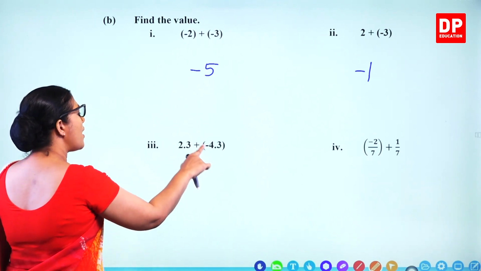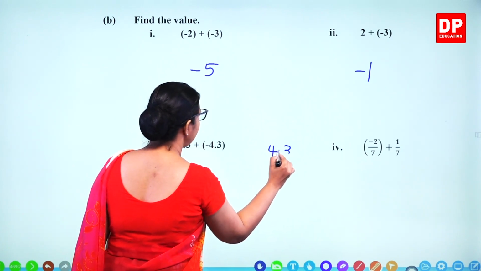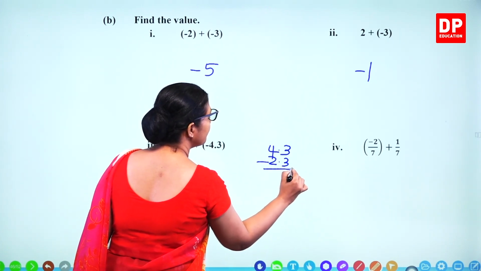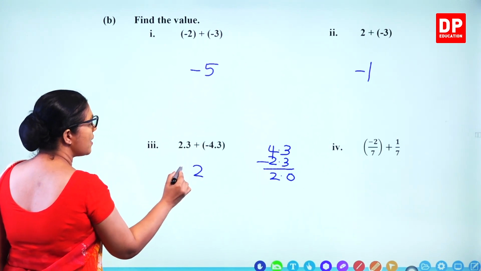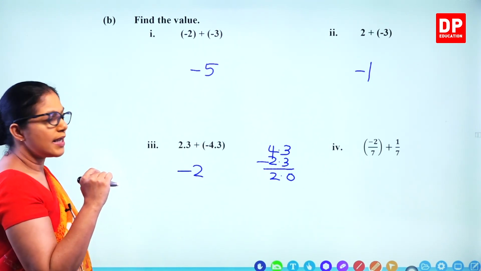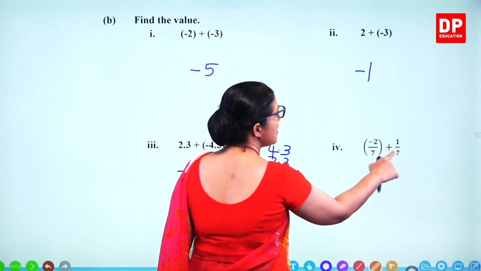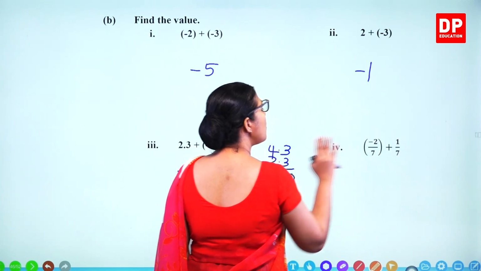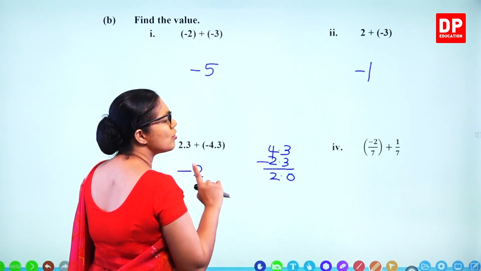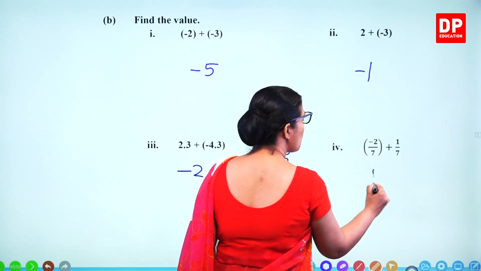This one is positive, 1 is negative. Take the difference. Difference is 2. But the bigger number is negative, so you get negative 2. This one, same denominator, but 1 is negative and 1 is positive. So you take the difference, that's 2 and 1 difference is 1.